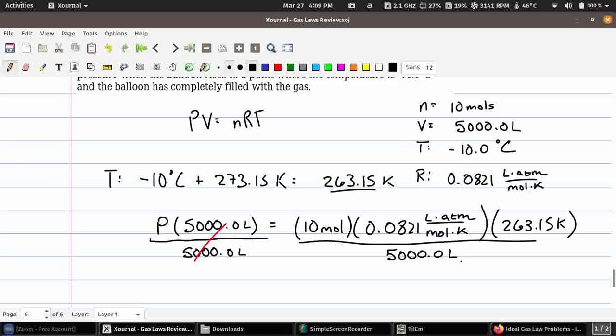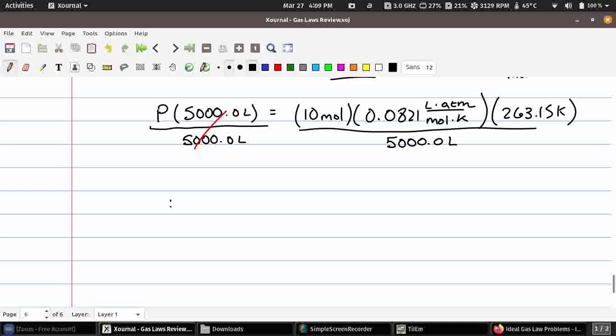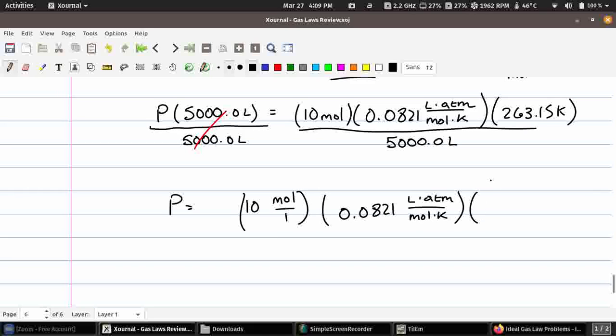So the reason we use the gas constant is because it allows us to cancel units we don't need. You can think of this equation as being written like this. P equals 10 moles over 1, times 0.0821, and that's still liters times atmospheres over moles times kelvins, times 263.15 kelvins over 1.